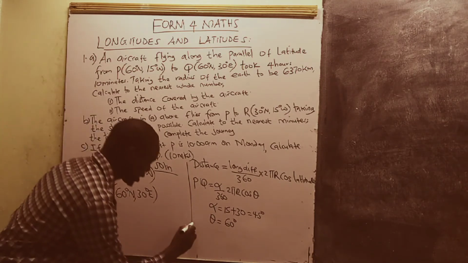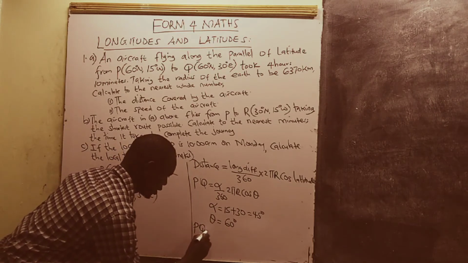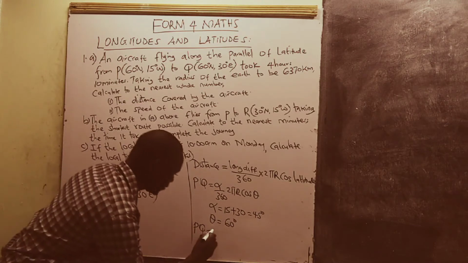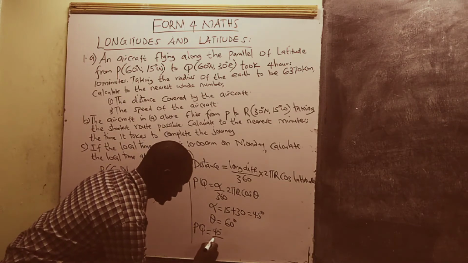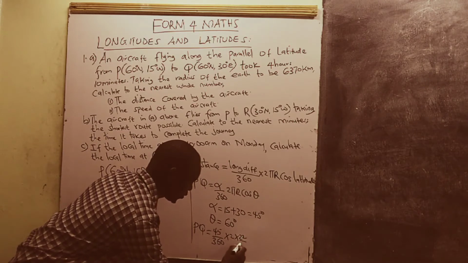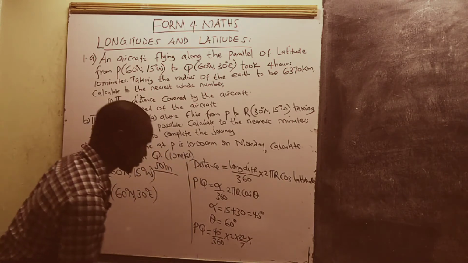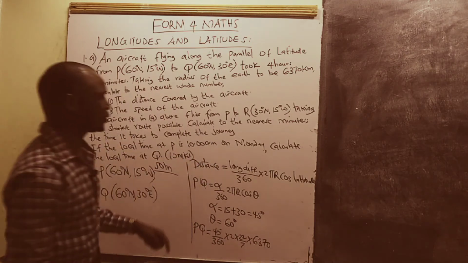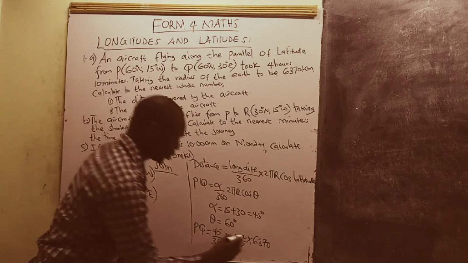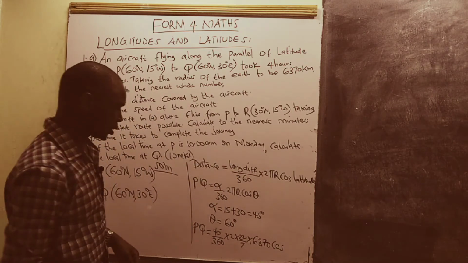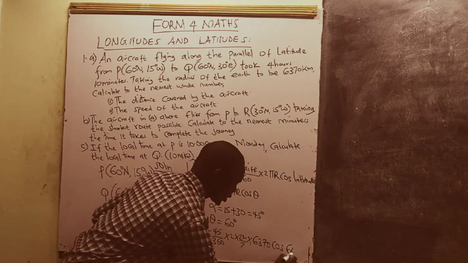In this case, the distance between P and Q is equal to 45 divided by 360 times 2 times 22 over 7 times the radius of the earth, given as 6370, times the cos of the latitude position, which is 60 degrees.